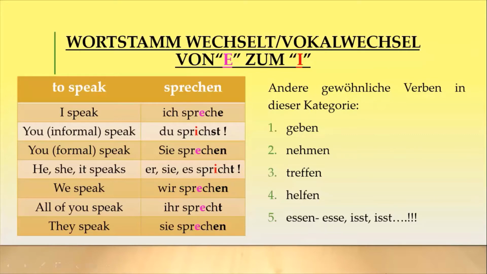But please note for this last verb essen, ich esse, du isst, er, sie, es isst. The endings for the forms second person singular and third person singular are the same.